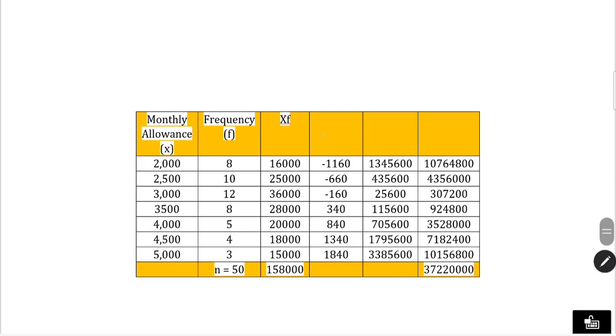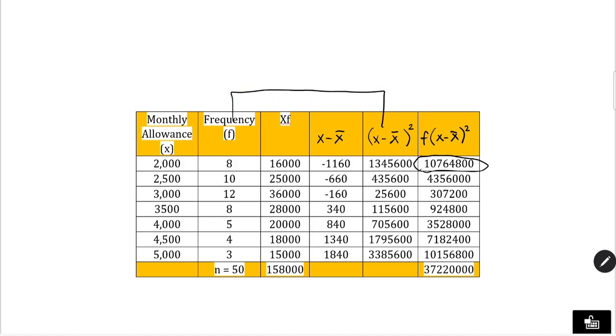Okay, so here again is our x minus bar x. Next we have x minus bar x squared, and here, since we have the frequency, we're going to multiply this by the frequency. So this number, 10,764,800, is just the product of the frequency here times this.